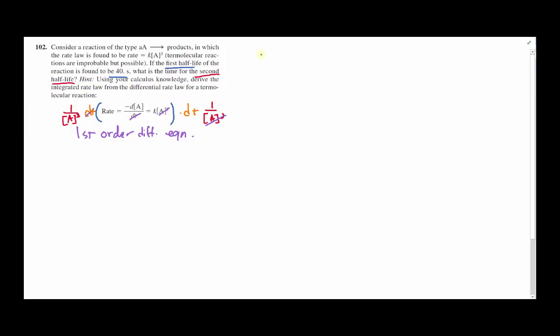I can rewrite it as A to the negative third power dA. Oh, and also I'm going to multiply by -1, and on the left side we expect positive, on the right side we expect negative.